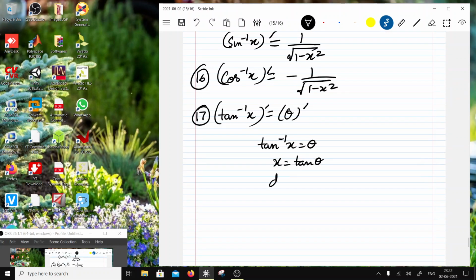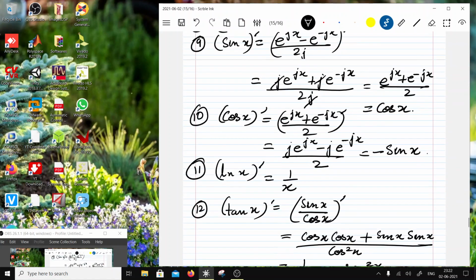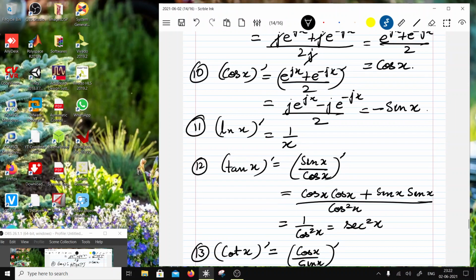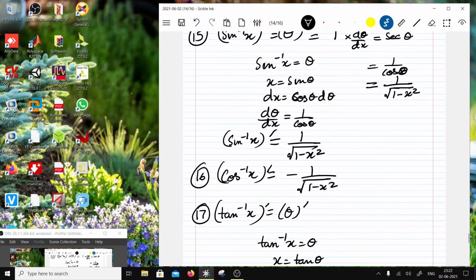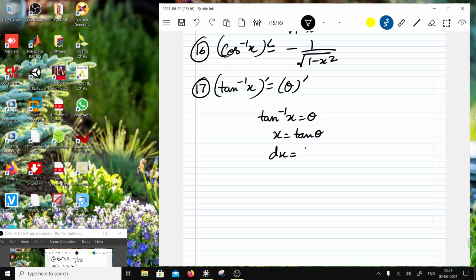So dx equal to... so we have done tan x, right? Sec square theta. Dx equal to sec square theta d theta, correct?